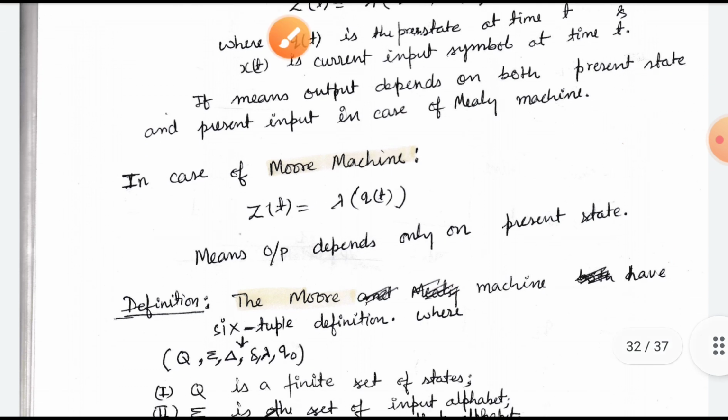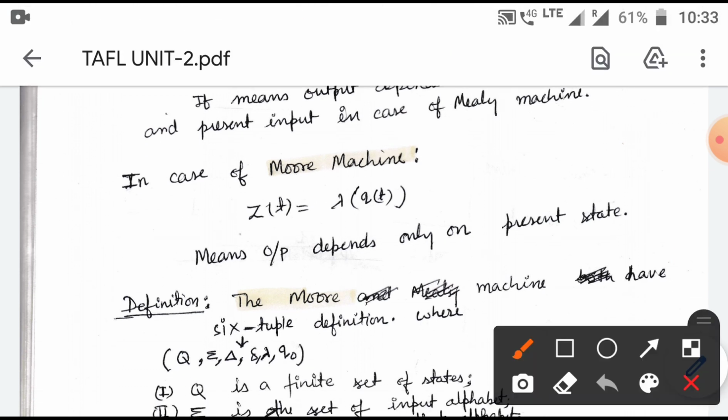In this, the output function is like that in the case of the Moore machine, because in this machine the output depends only upon the present state.